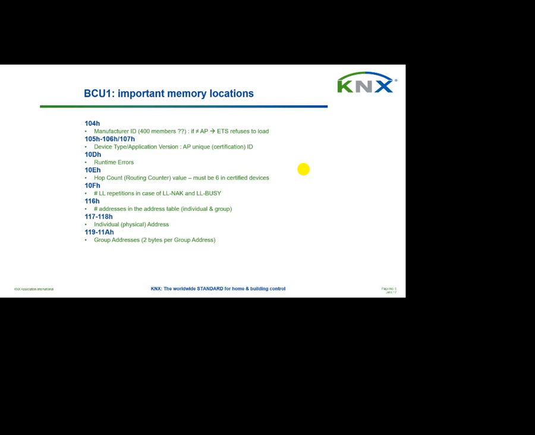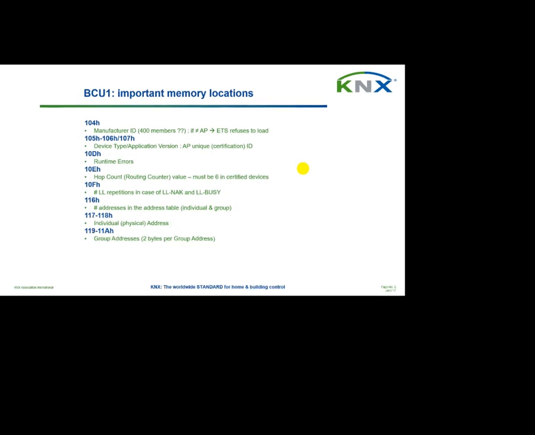If the type of the application module doesn't correspond with the type that is expected according to the application program, then inside that KNX device the application program might be loaded, so you can load it with ETS, but it will not be started.